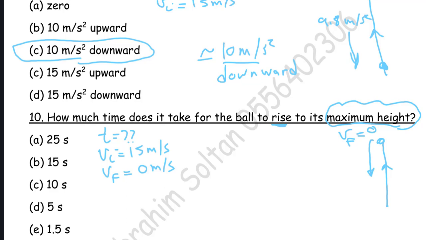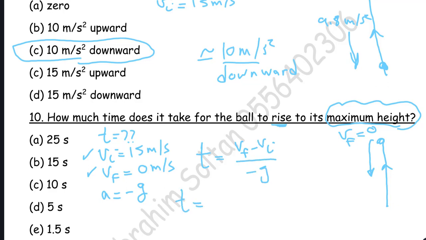What do you have? You have v initial and v final, and you need t. But you know that a equals g or negative g, because the object is going up, opposite to the pull of gravity. So t equals v final minus v initial over negative g.